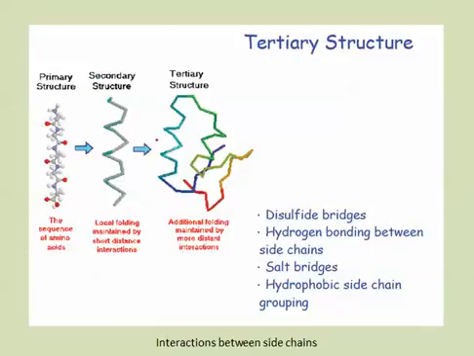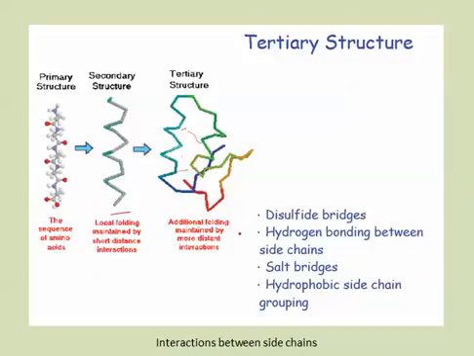longer range and more diverse intermolecular forces will lead to a tertiary structure. So here's our secondary structure, just some local folding like a helix. But then when those helices start to interact with each other over further distances around the chain, we end up with these unique shapes, and that's where we get enzyme active sites and so on.